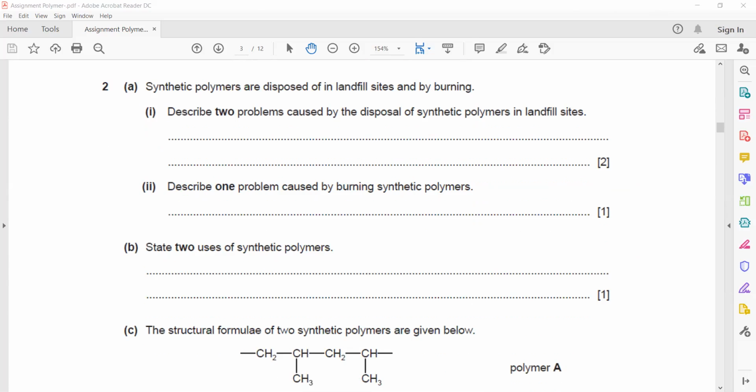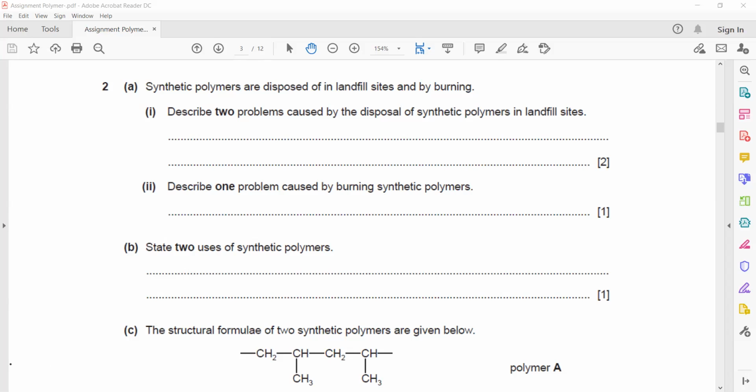So if we use a landfill site, like we are disposing of the polymer by just putting it on the ground or using a space for dumping this polymer, what could be the dangers? The dangers: there will be a shortage of land, because if you are dumping garbage on the land, the land size which is available for you will decrease.